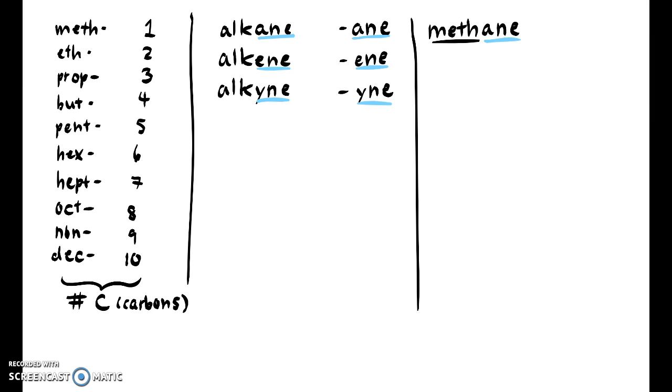So for methane, we only have 1 carbon, like so. Also keep in mind that each carbon needs to have 4 bonds, so we attach the rest as hydrogens. We can also write this as the chemical formula CH4.